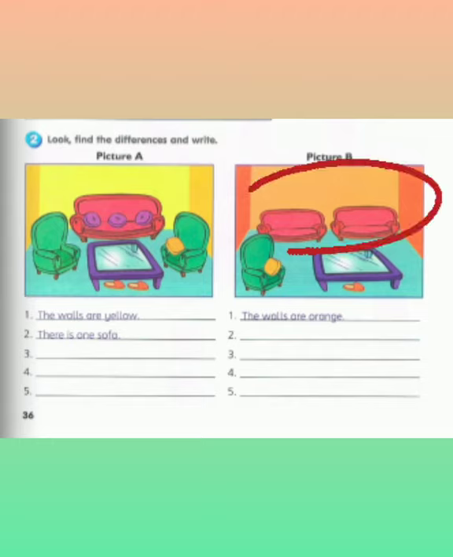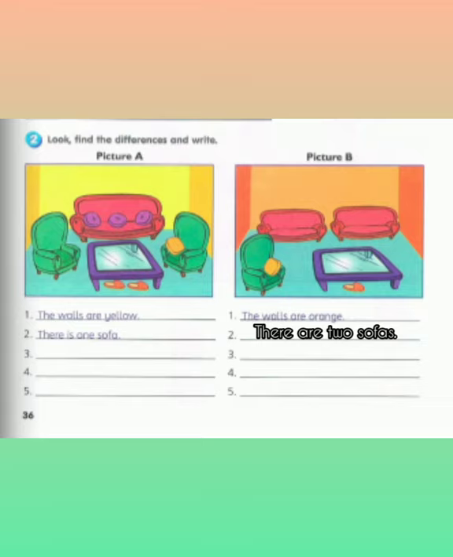Ada 2 sofa di situ. Plural, more than one. So, the answer is, right at number 2, there are 2 sofas. Okay, kita kena letak S. Sofas tu S sebab plural, more than one. So, kita kena letak S. Maksudnya itu menunjukkan dia ada lebih daripada 1.